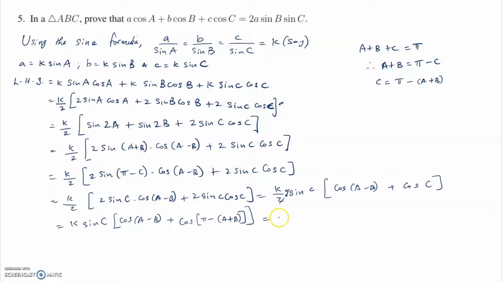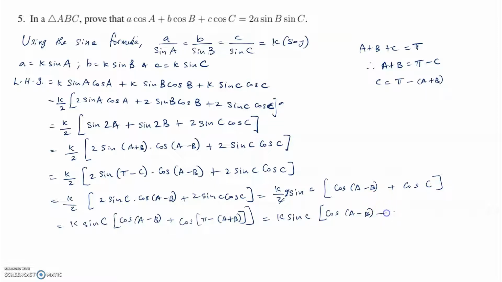Further simplifying, this is k sin C, within the bracket you have cos A minus B. Now cos pi minus A plus B will be minus cos A plus B, because cos is negative in the second quadrant.